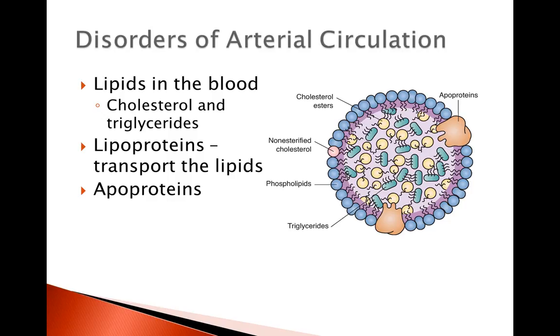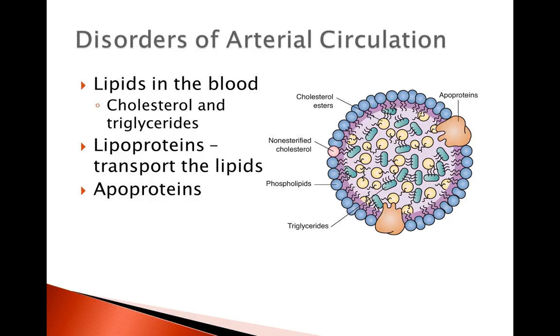I do want you to know that term, apoproteins. I want you to recognize that they're a component of lipoproteins. All lipoproteins have apoproteins. This is a picture from your book showing you some of these apoproteins. They add stability to the molecule, and they are involved in activating enzymes for lipoprotein metabolism. In other words, the ability to break down and make use of the lipids that are contained within that protein.